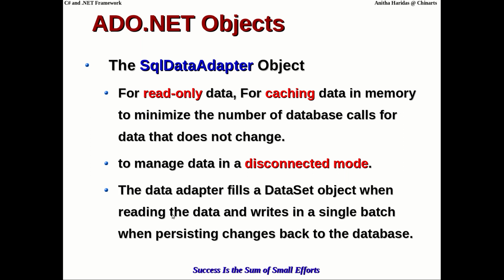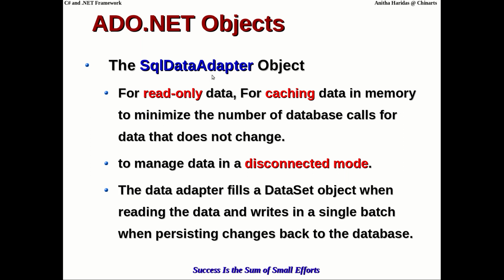This is very important. The data adapter fills a data set object when reading the data, and writes in a single batch, persisting the changes back to the database. So you make all the changes only in the data set. Your .NET application will manipulate the data only on the data set, right?